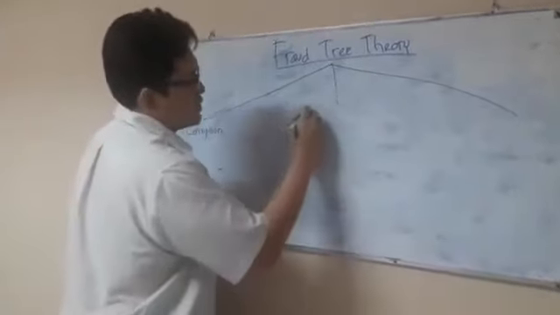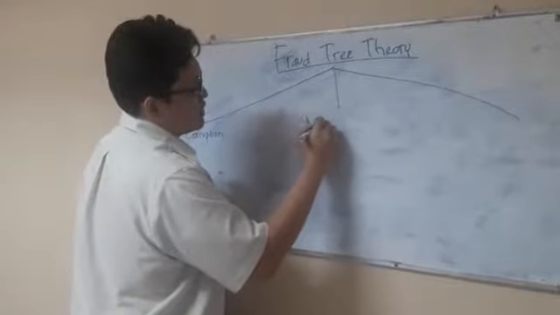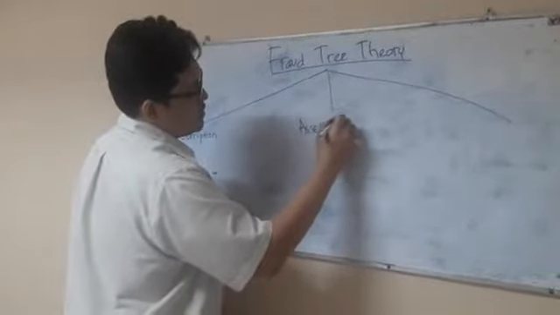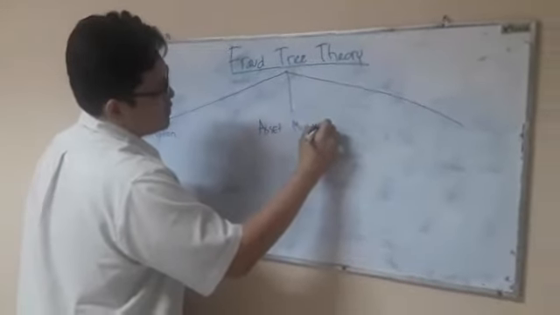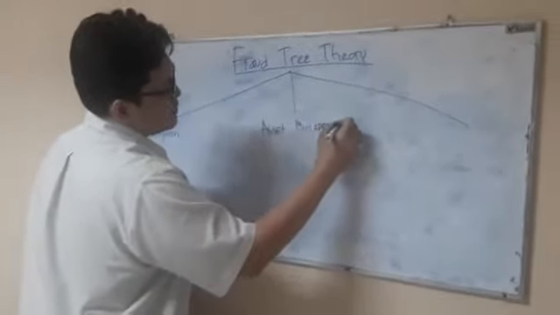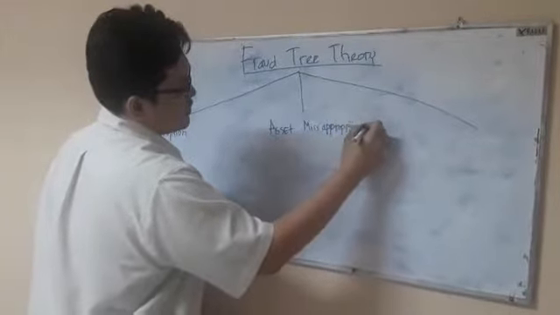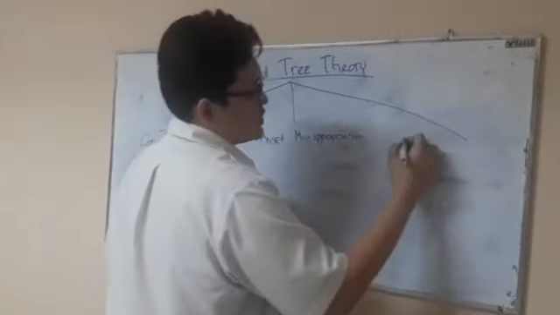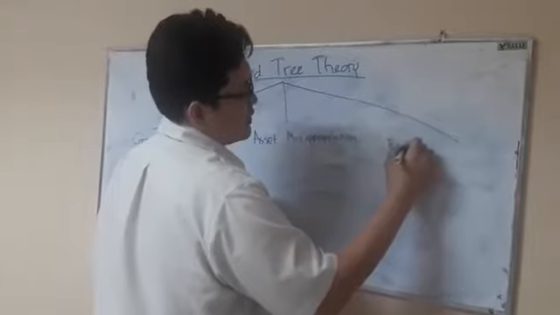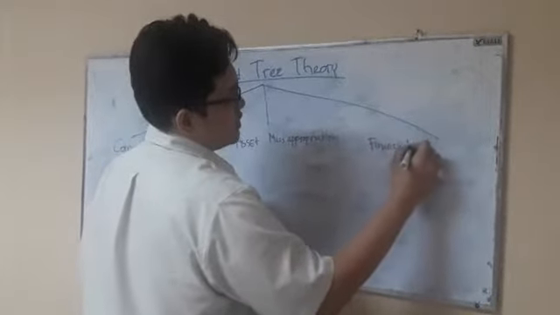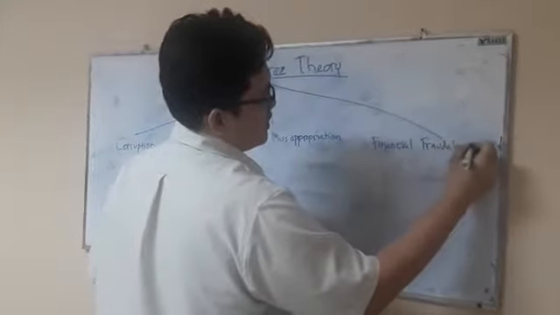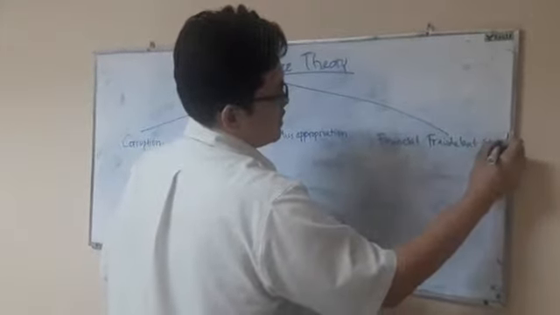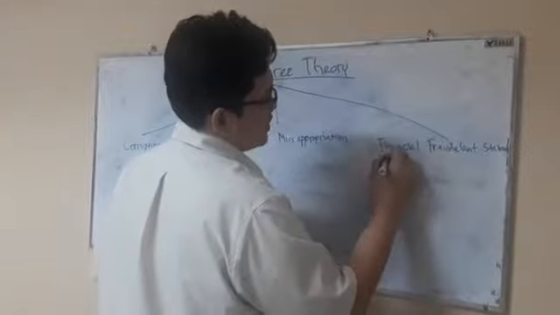Number two is asset misappropriation. Number three is financial fraudulent statement.